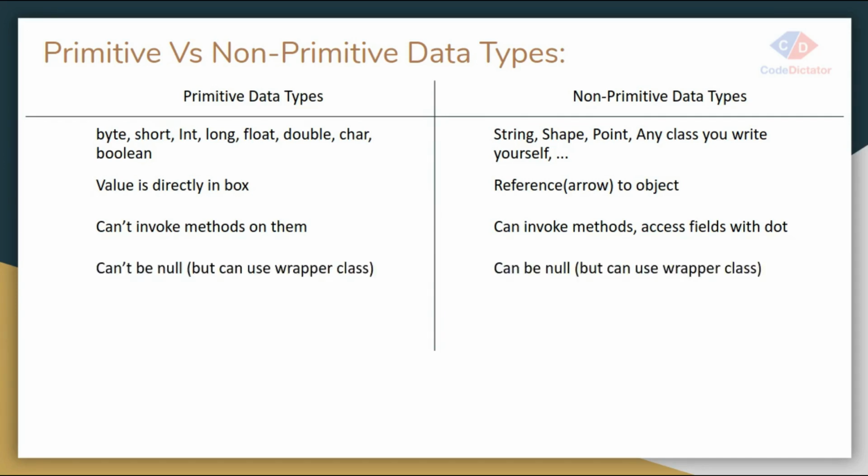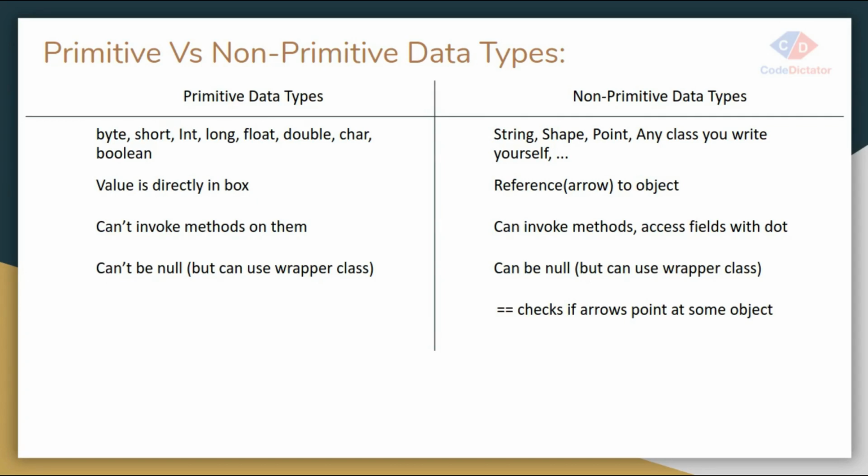A primitive data type can't be null; it has some default value, but a non-primitive data type can be null. If you use the double equals operator on your objects, it checks whether the arrows are pointing to the same object or not. That is the meaning of double equals.